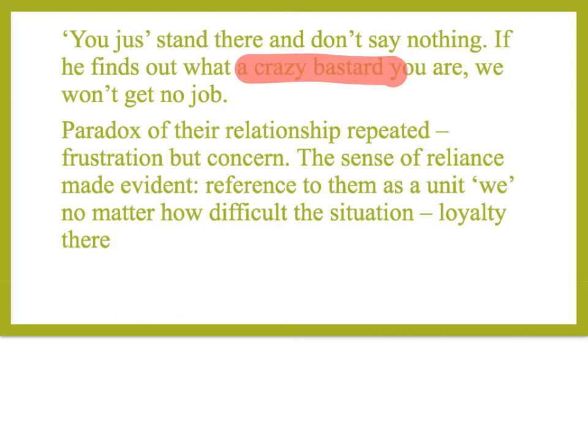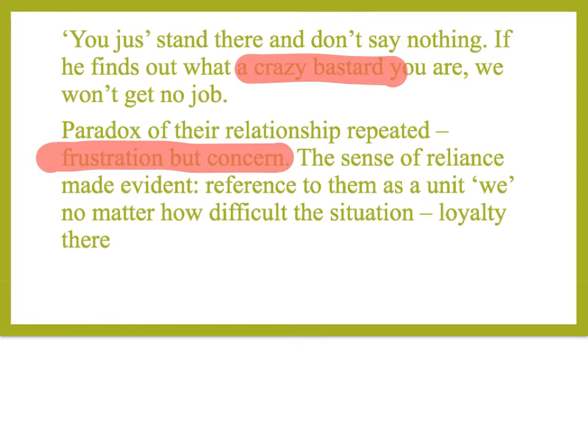You crazy bastard, do you think that I'd let you look after your own card? And here we have another sense of opposites colliding within George. George is a paradoxical character. So what we have here is frustration but concern, and that's crucial, and we've talked about that before.